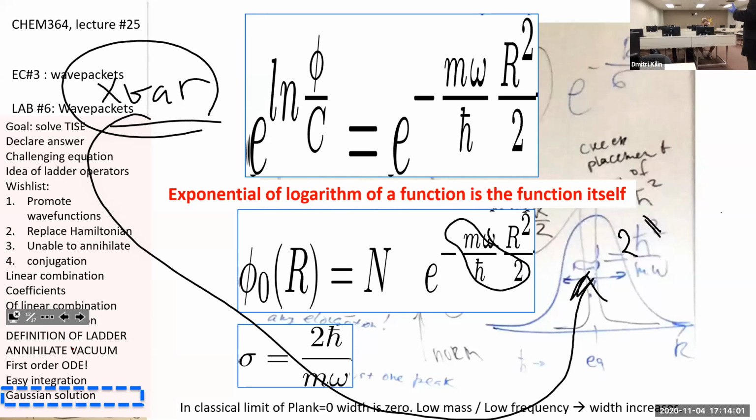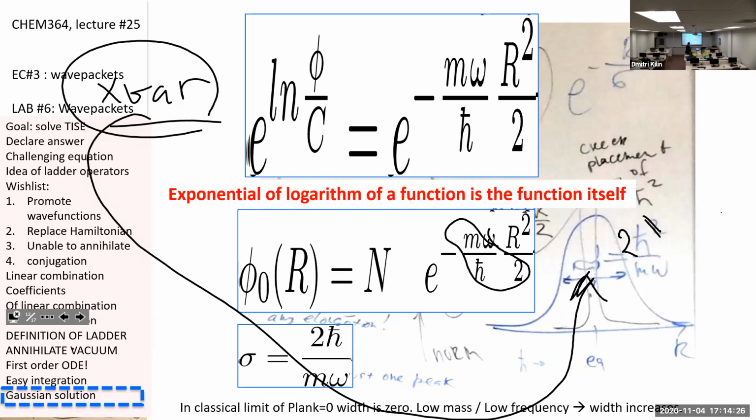The silliest but correct way: draw a random function, plug it into our code, and see if it changes with time. If it changes, it is not an eigenstate. If it stays unchanged, then it is an eigenstate. Does it make sense?